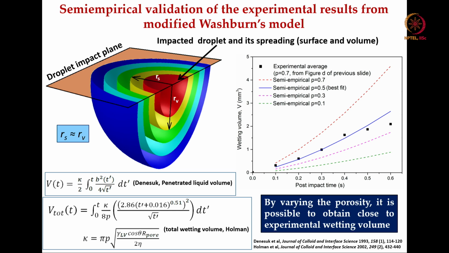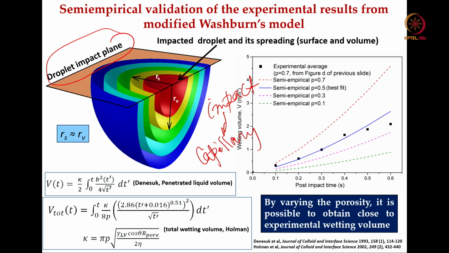If you look at this, this is the droplet impact plane, and as I said, it is impact driven to capillary driven. There is a transition during the 3D binder jet printing process.